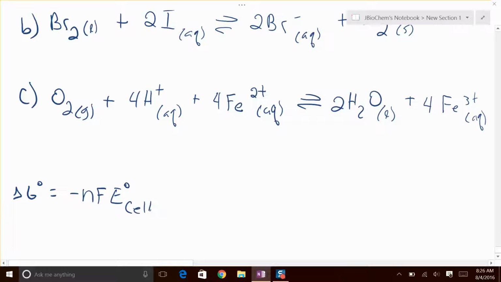Okay, and Faraday's constant is 96,000 coulombs per mole, which is 96,000 joules per mole.